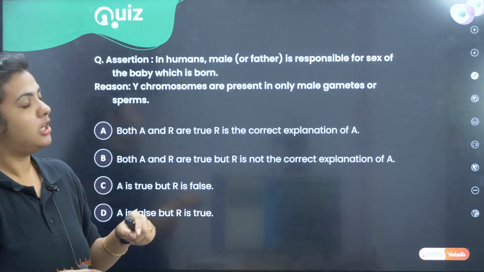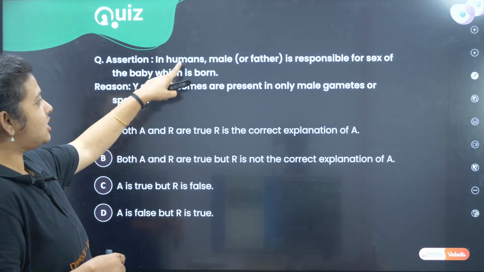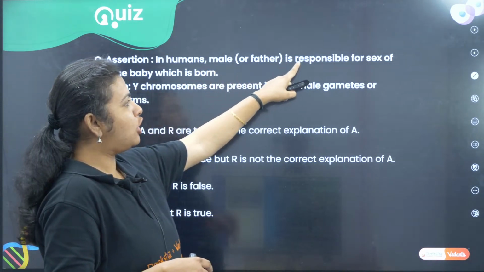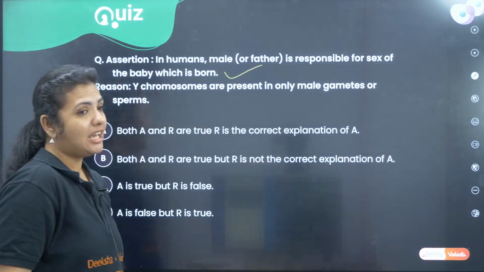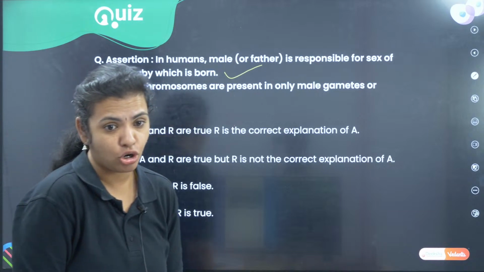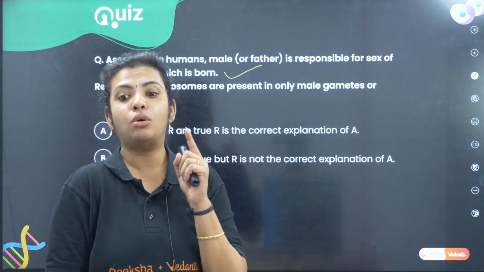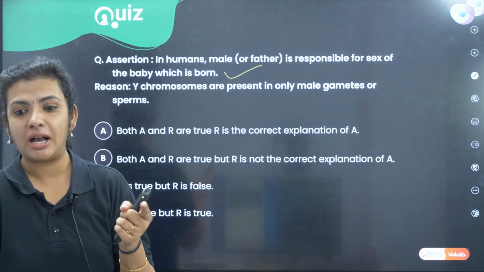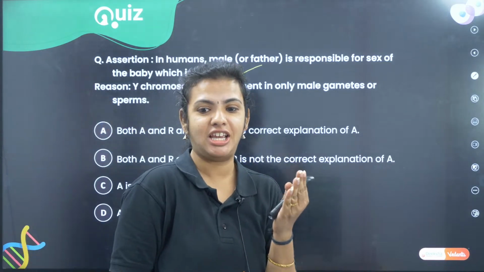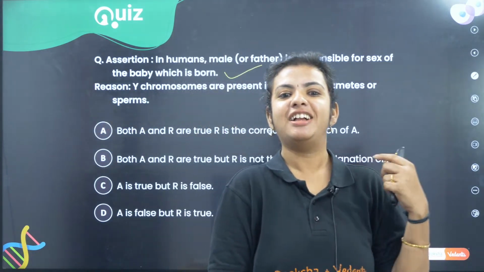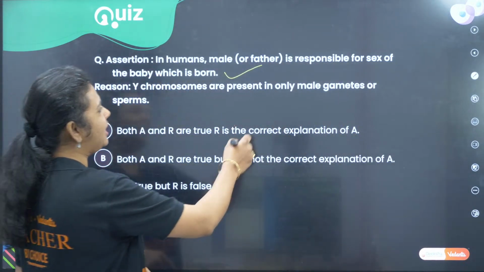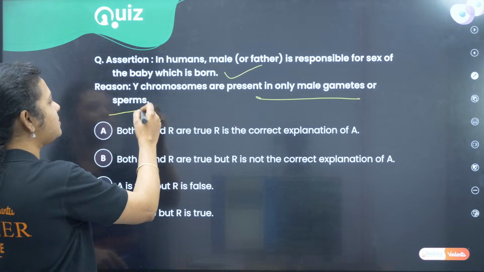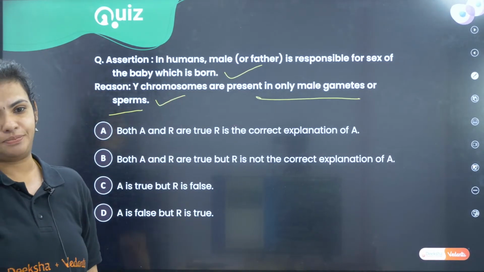So let's see the assertion. The assertion says in humans, the male or father is responsible for the sex of the baby which is born. Definitely correct. It is the male chromosome, the male sperm who decides whether it is going to be a boy or a girl. Now Purvika has changed to B. The reason says Y chromosomes are present in only the male gametes or the sperms. That is also correct.